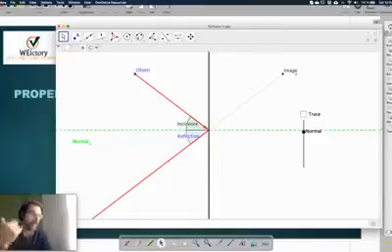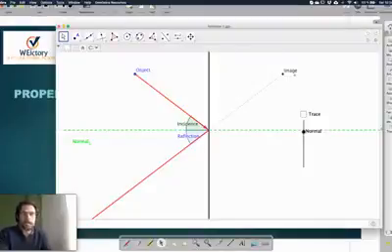You receive light as if it were coming from a copy of you on the other side of the mirror. We call that the image of the object, and it is located at the same distance from the mirror as the object is. It is the same size as the object. We say it's a virtual image. That's a technical word that we use to say that there's no real light coming from the image. It's on the virtual side of the world.